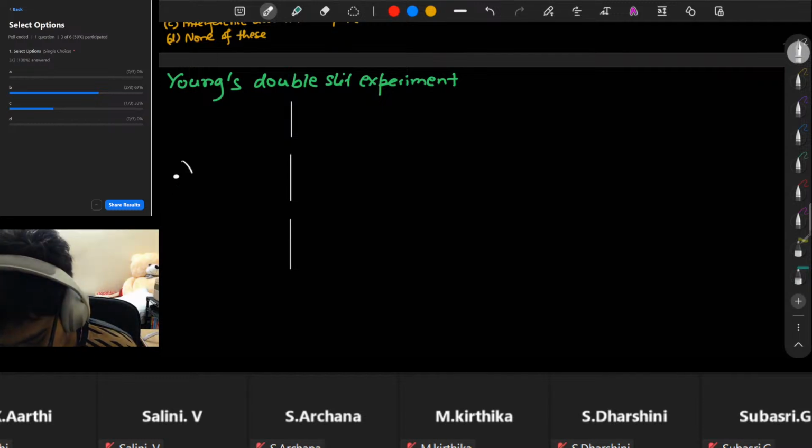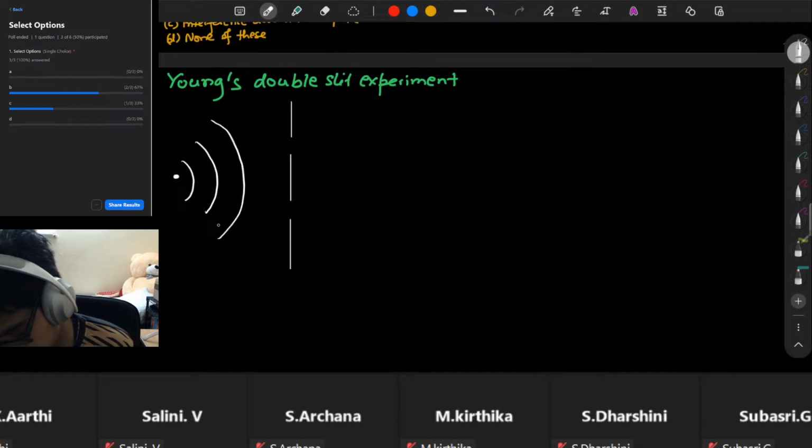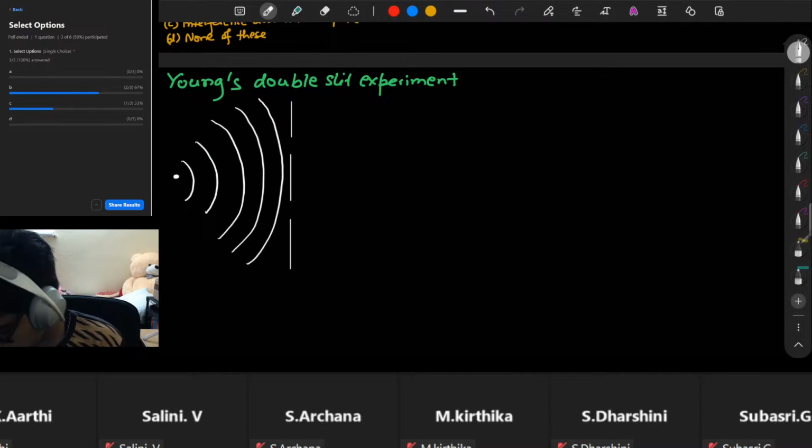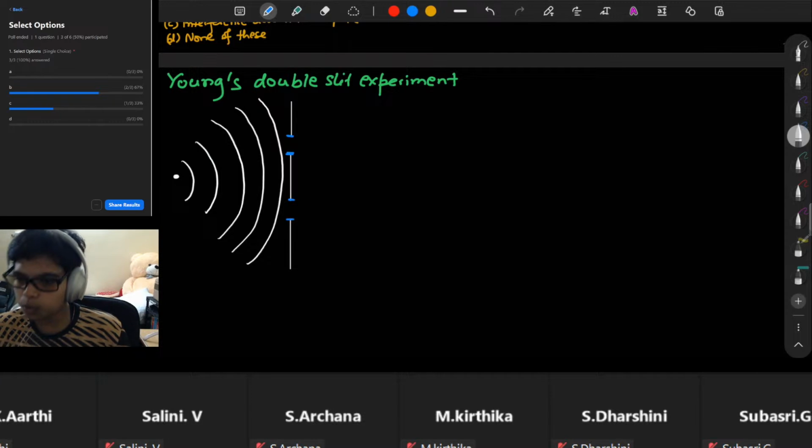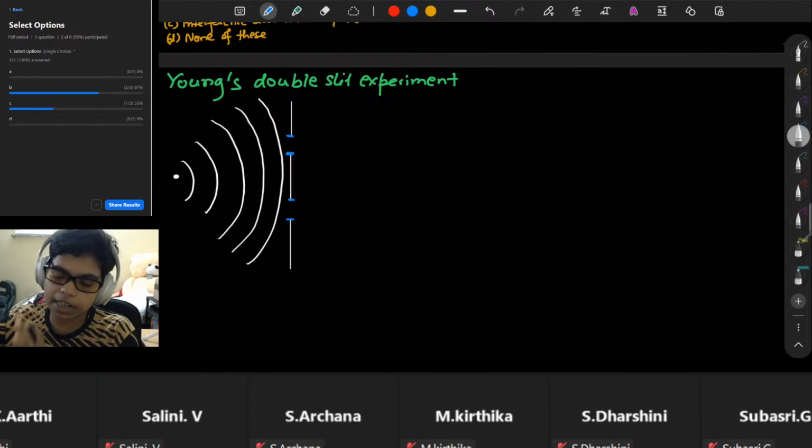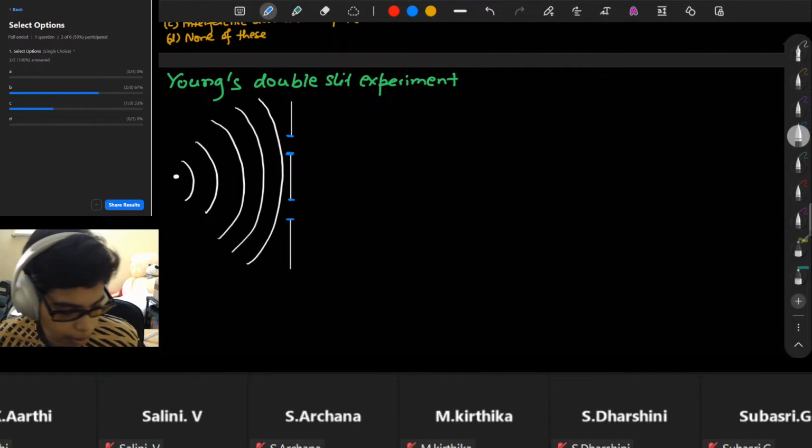And this source is emitting light, and these are the wave fronts. So you can see that only the part of the wavefront which is between these slits will get transmitted to the right side of the double slit.